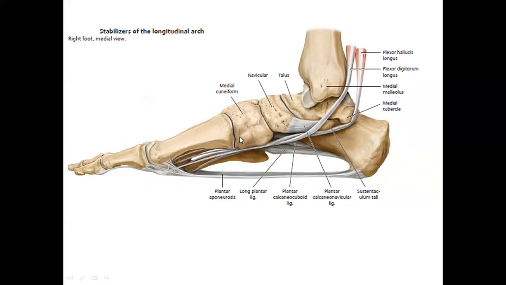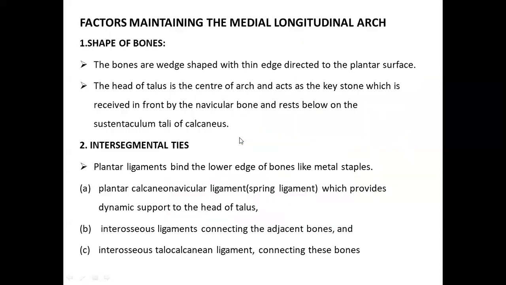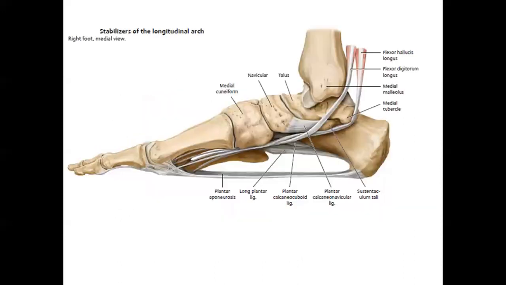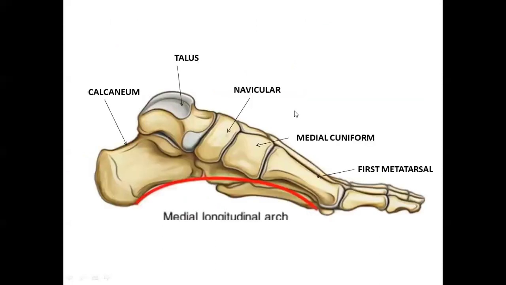The plantar ligaments bind the lower ends of the bones like metal staples. The most important one is the plantar calcaneonavicular ligament, also known as the spring ligament, and as you can see here, it supports the head of the talus.